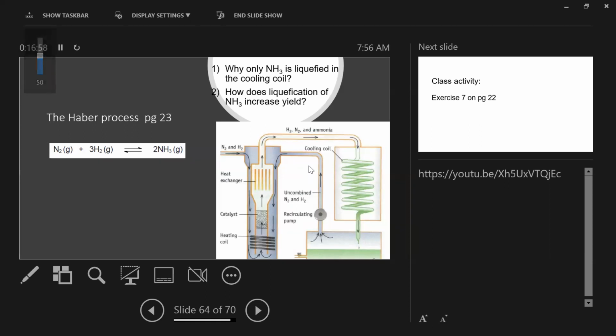Why only ammonia? Why is hydrogen not liquefied?